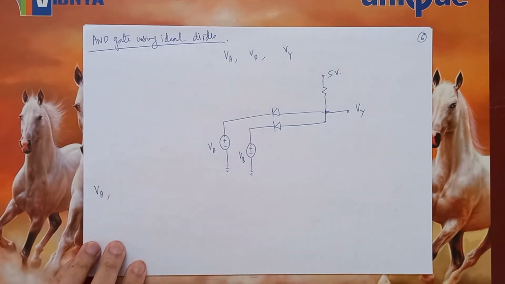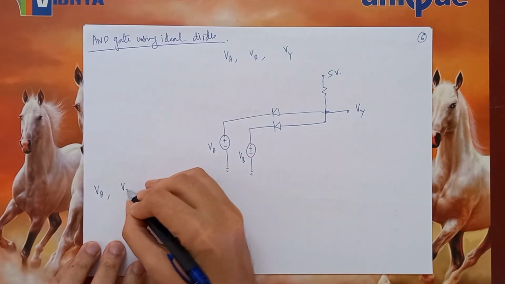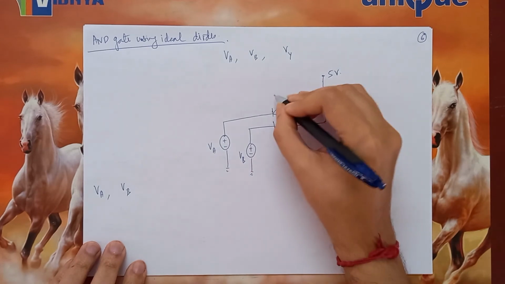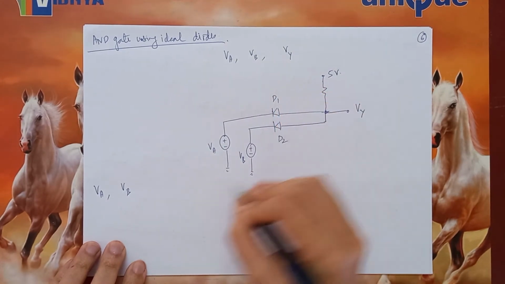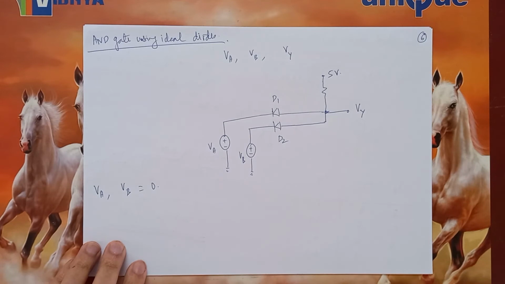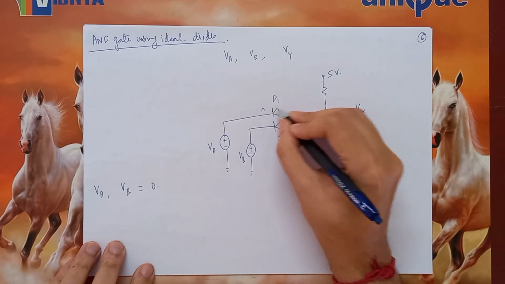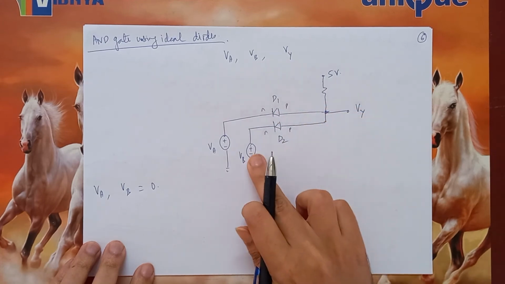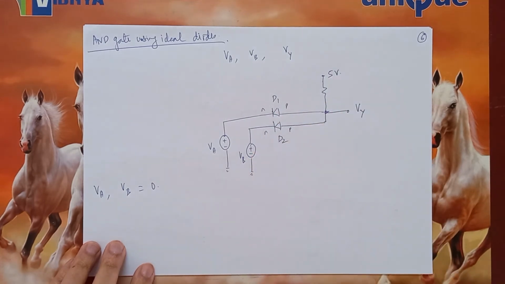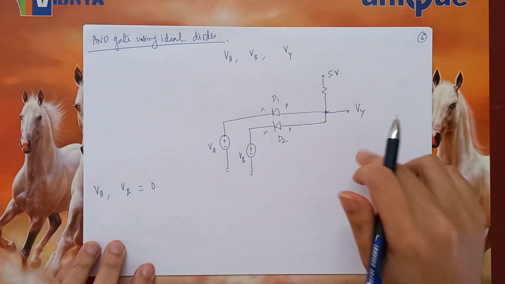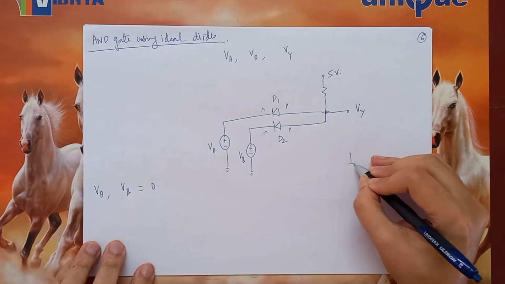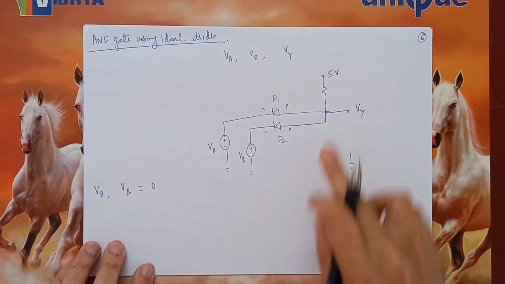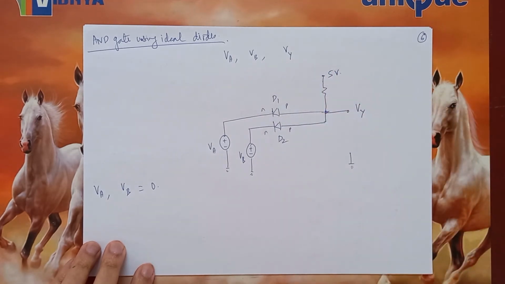If VA and VB, let's say this is D1 and D2, if VA and VB are both 0, what will happen? If VA and VB are both 0, the N side of the diode will see a 0 and the P side will see 5 volts. But remember, VY is always with respect to the ground. So in this case what will happen is that both diodes will be forward biased.